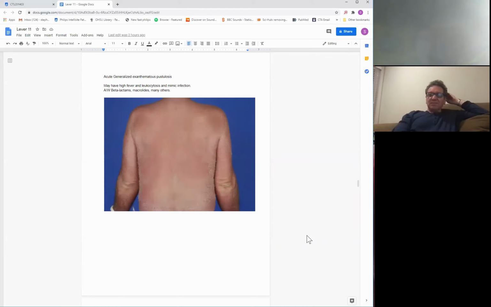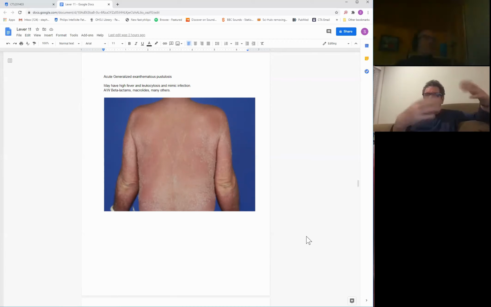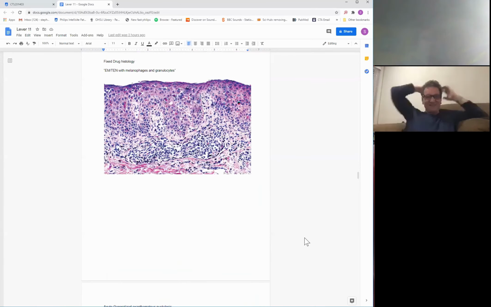Brian, anything to add about that? No, I mean, the FDEs when they have the neutrophils, and the other thing that can be quite useful is if you see the second insult with the same drug, you often will see melanophages and acute based on that. Yeah, sorry, I'm leaving that out because that's a significant omission. So thanks for pointing that out.